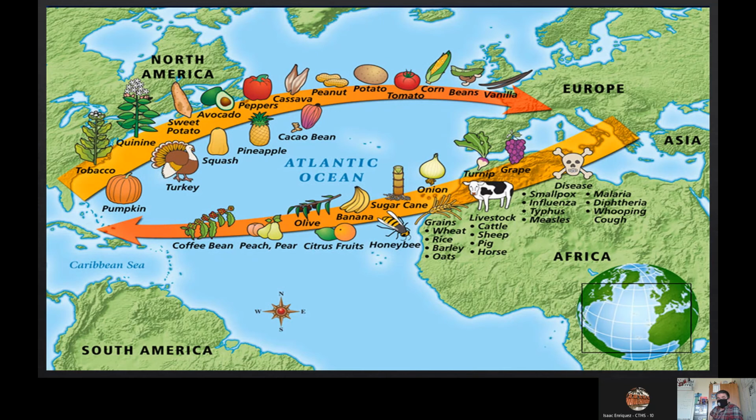From the New World to the Old, you get a lot of nutrient-rich foods, which greatly increases populations, especially in Europe, but Africa to some extent as well. But on the other hand, that population pressure just leads more and more people to come to the Americas. And eventually, where we're at now, a lot of these places in the Americas are going to end up fighting for their independence.